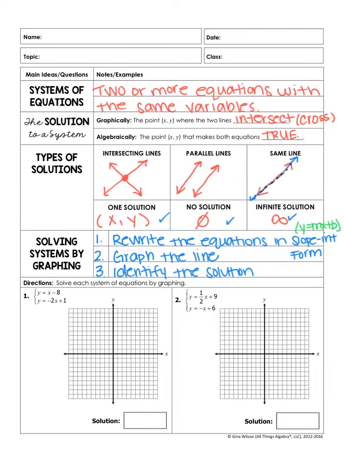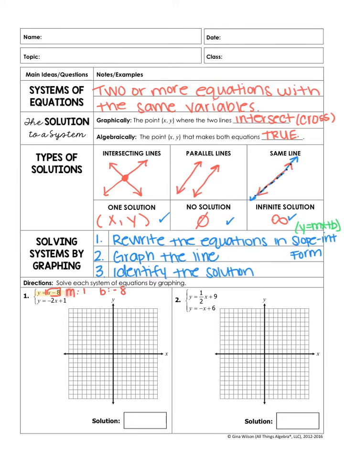It says y equals x minus 8 and y equals negative 2x plus 1. Notice these are already in slope-intercept form because it looks like y equals mx plus b. If we graph this, our slope, remember, is the m, the number in front of the x, which is just a 1, and my b is the number after the x, which is negative 8.